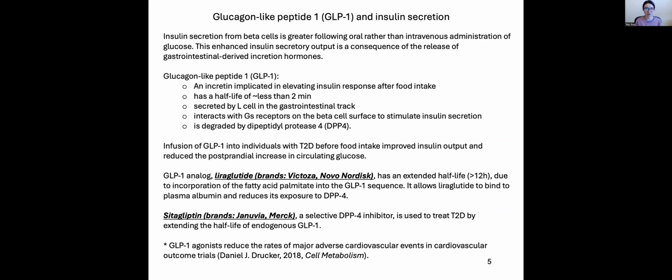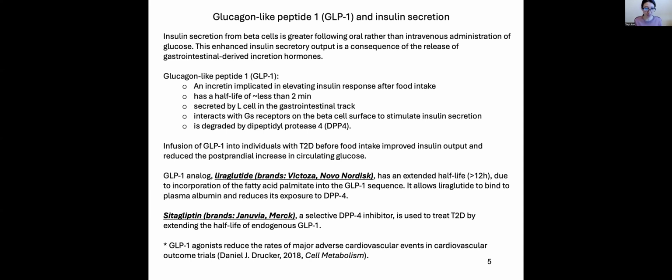For the insulin secretion from the pancreatic beta cell, it is larger if we administer glucose orally than if we administer glucose through intravenous injection. Why is that?